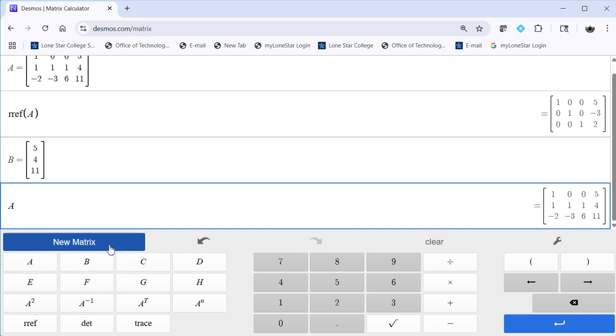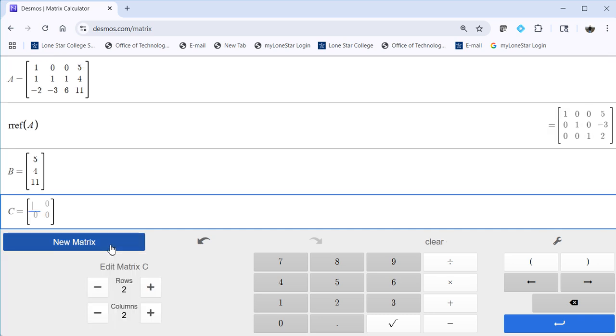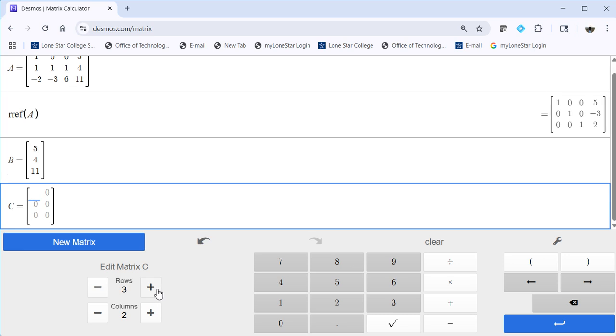So maybe we can go ahead and define a new matrix and then just call it 3 by 3.